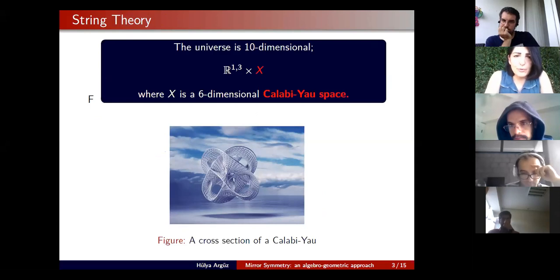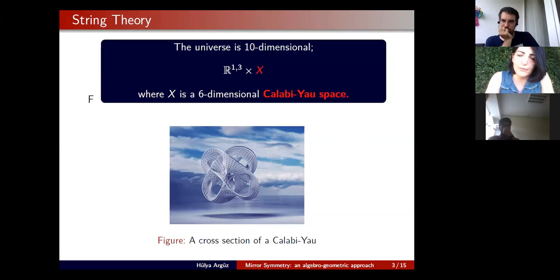Okay, so what is mirror symmetry? Mirror symmetry is a phenomenon that came out of string theory, and string dualities and string theory propose that there should be mirror Calabi Yau manifolds. These Calabi Yau manifolds arise because string theory proposes that our universe is 10-dimensional, and it is obtained as a compactification of the usual 4-dimensional space-time with a Calabi Yau space, which is 6-dimensional.